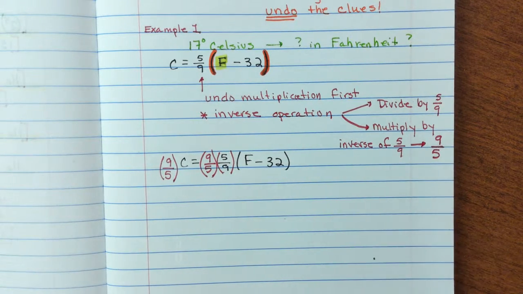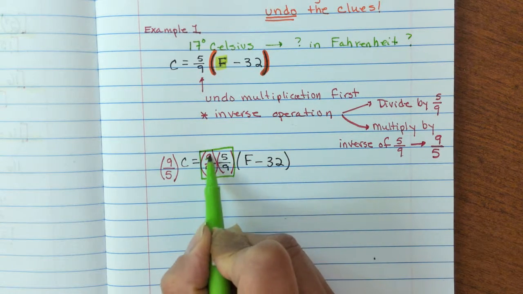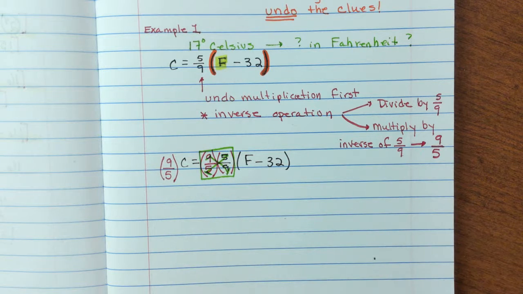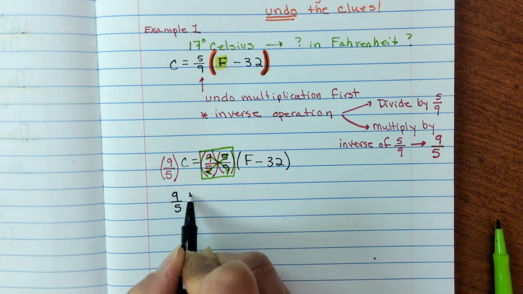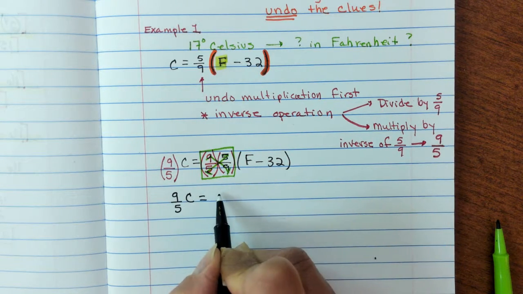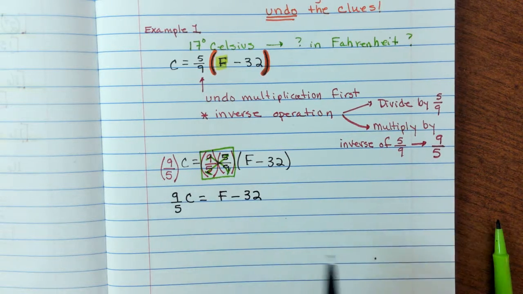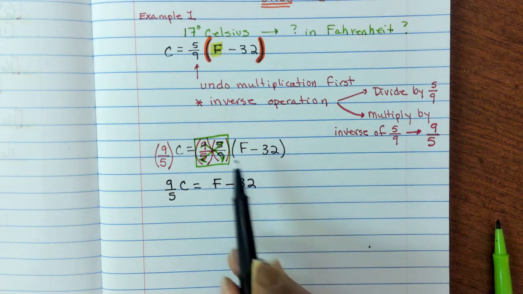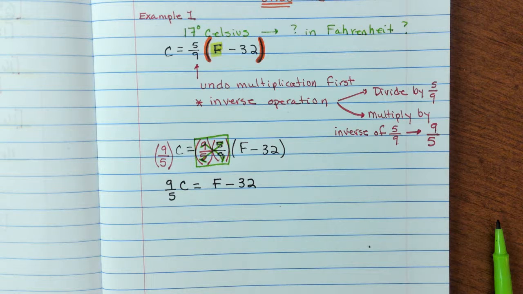By design, this actually divides out to 1. It appears like it's not there anymore, but it's just a 1. So we have 9/5 C is equal to F minus 32. But I just want F, right? I don't need the parentheses anymore because nothing is being multiplied in.